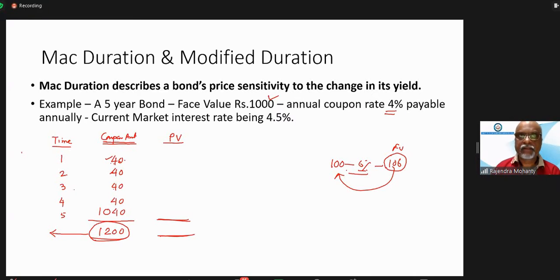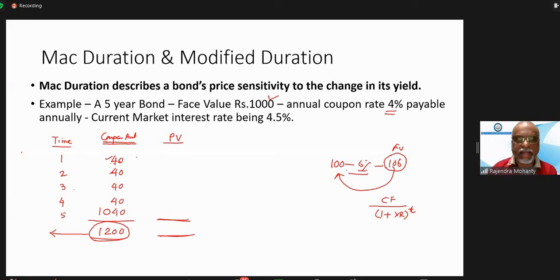Clear? Simple thing. So how to arrive at present value? That is a formula. So what is that formula? That formula is simple: cash flow divided by 1 plus your market rate or yield rate, to the power time.